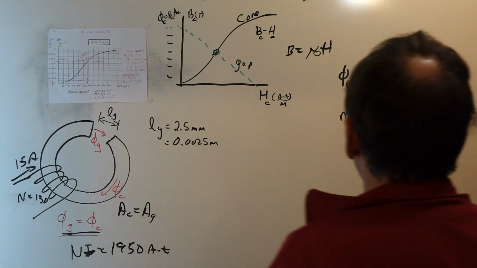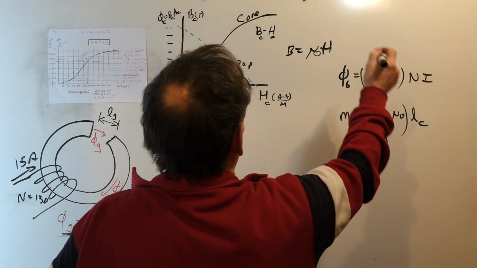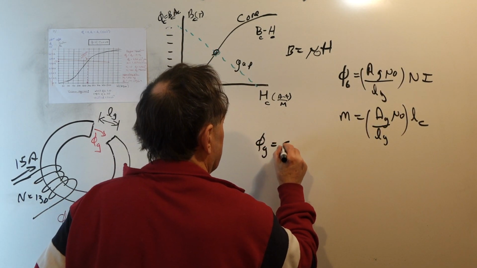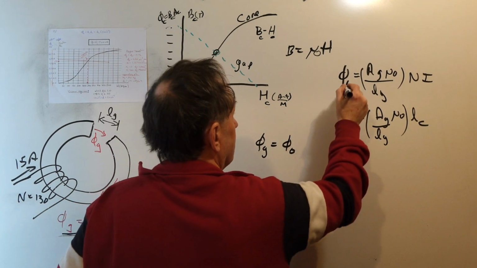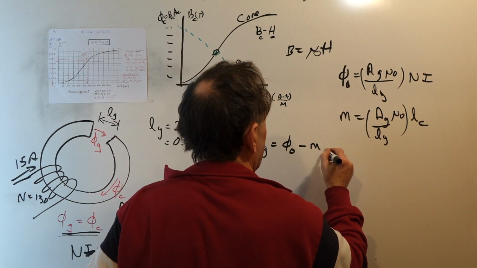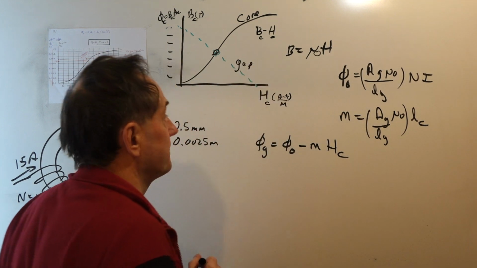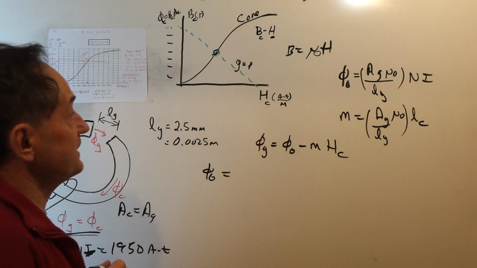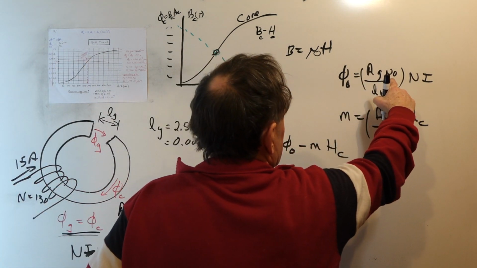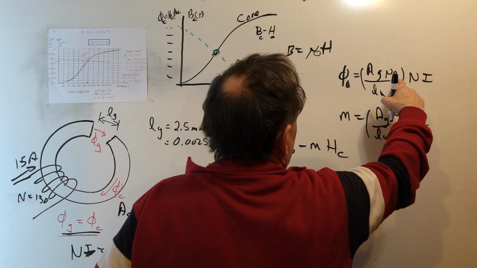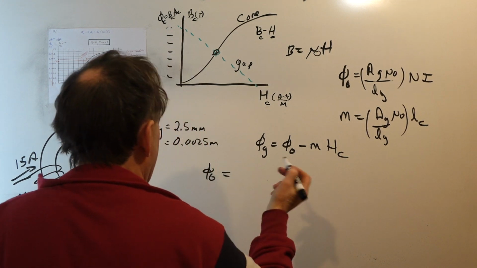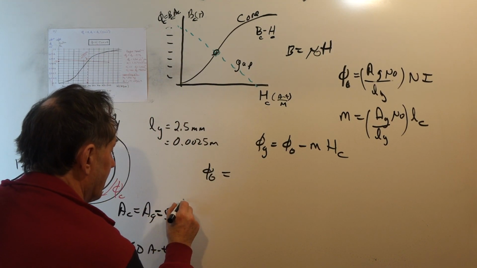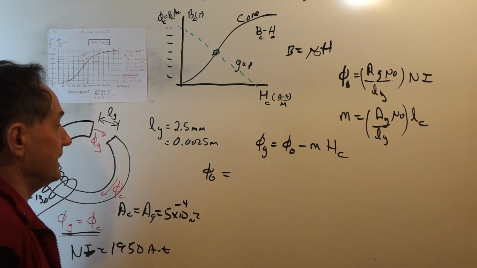Okay, let's calculate our offset, our phi 0. Remember here is that the flux in the gap is our offset phi 0 minus m HC. So phi 0 is this value. The area of the gap, remember, is 5 times 10 to the minus 4th square meters.